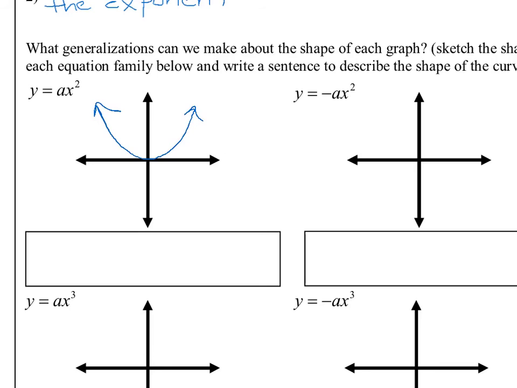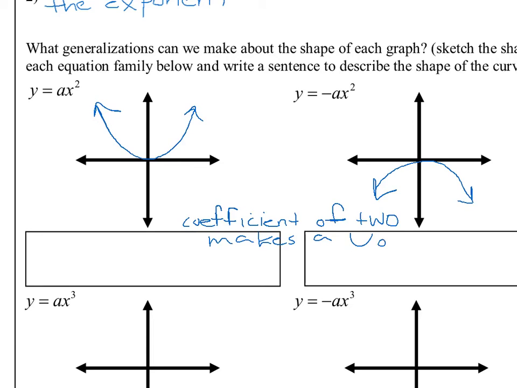Yeah. So generally, we can say anything with an exponent of 2 is going to make a U, and it rhymes. That's what I like to say. Exponent of 2 makes a U.